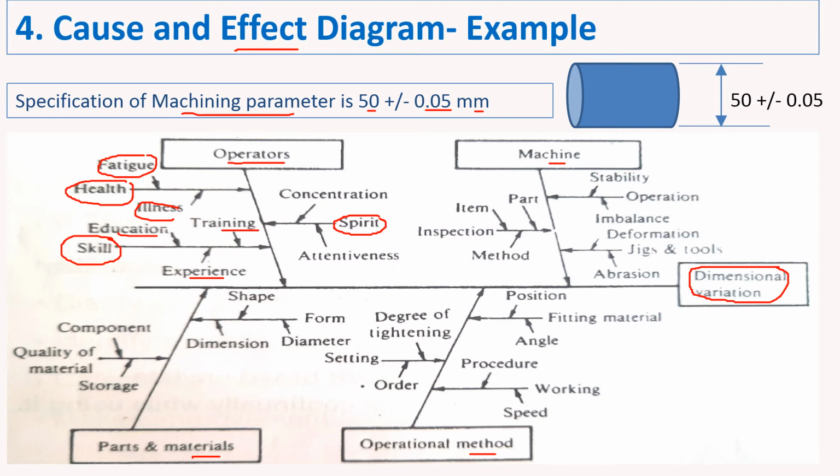So for any dimensional variation, if the operator has a significant effect, then there will be some root causes like education, training, or concentration of the operator. Then alternatives, like some operator changes from shift 1 to shift 2. These are the root causes. I hope you have understood what I'm saying in this example.